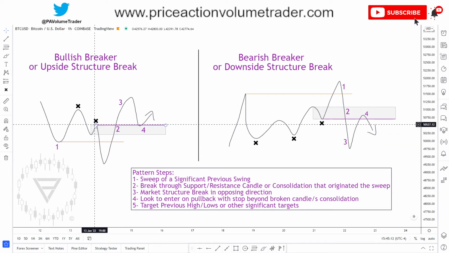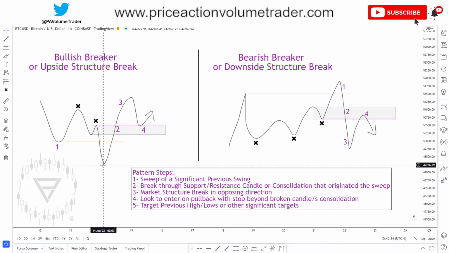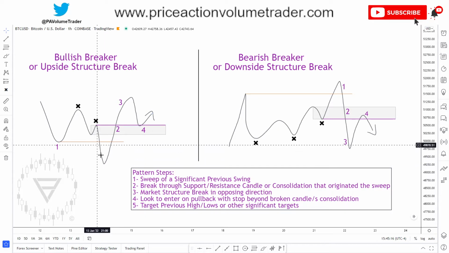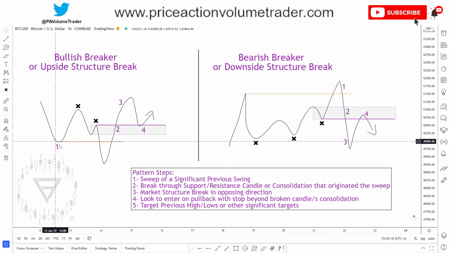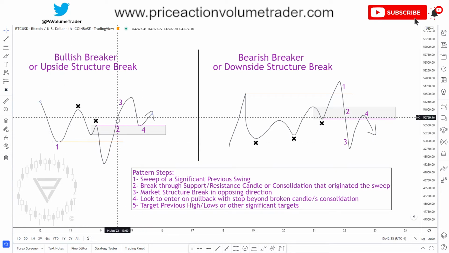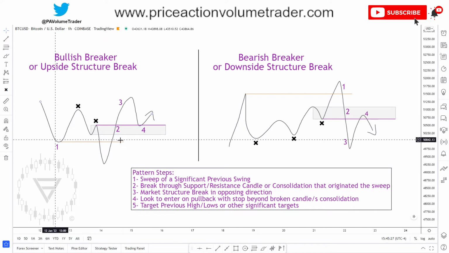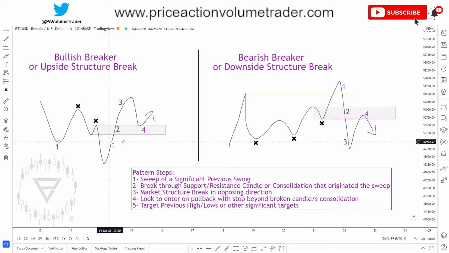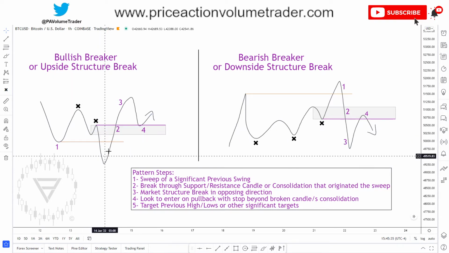Meaning in this case, we broke below and then we had a strong reaction with strong buyers pushing it up quickly back again over this level here. This is giving us a possible indication that sellers are really trying to defend this swing level here, and this was just a fake out.